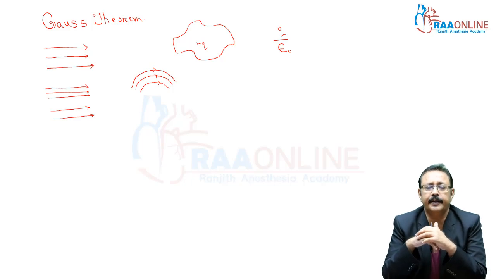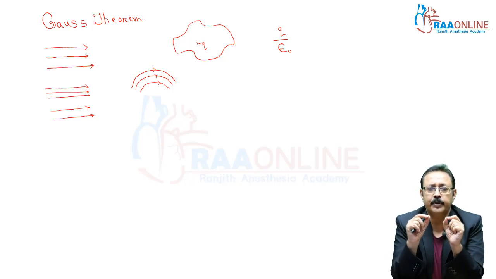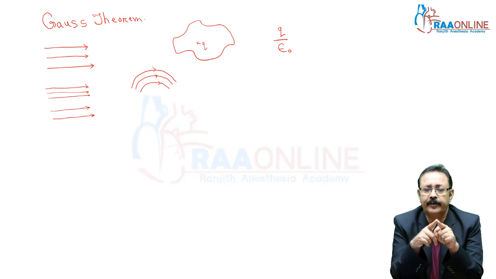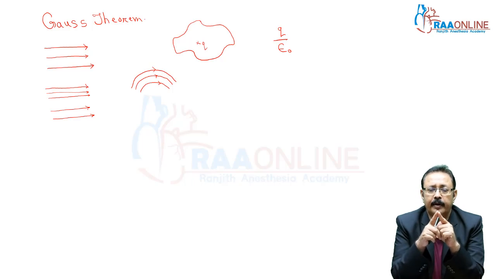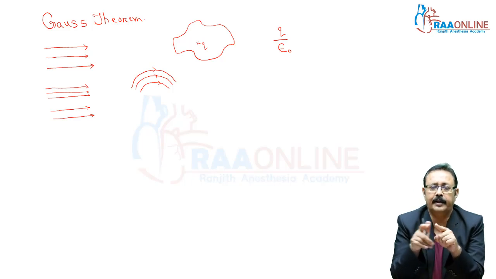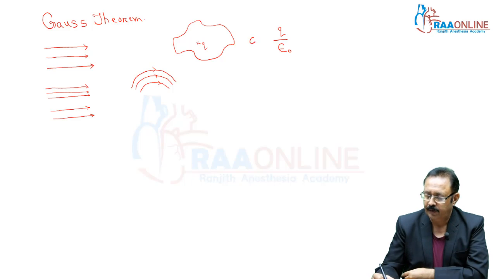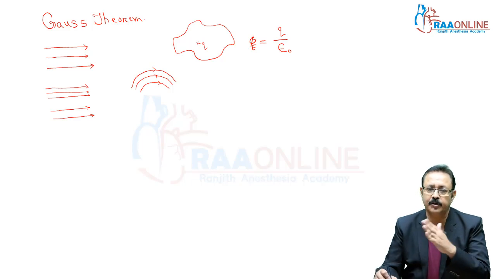So if you enclose a Q charge in a closed surface, the flux related to that surface should be Q upon epsilon naught. This is the statement of Gauss theorem.